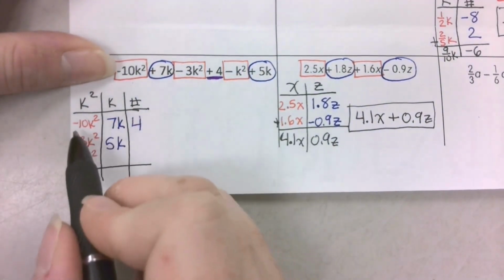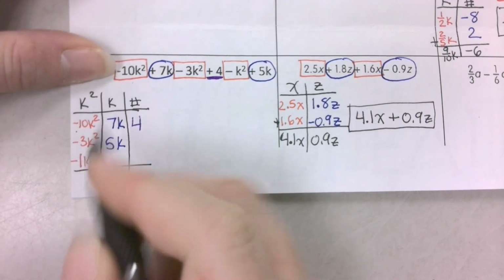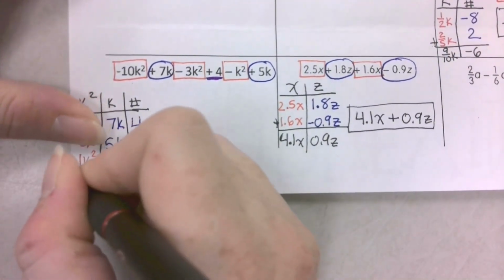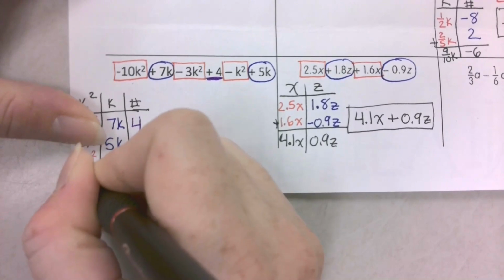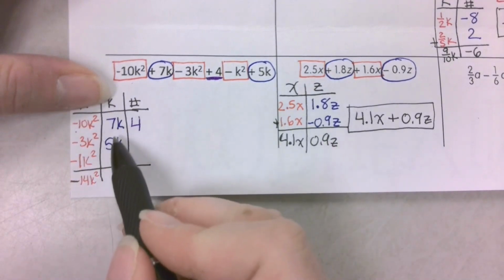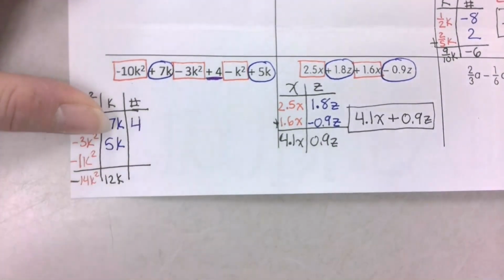When we add down, we have negative 10 plus negative 3 is negative 13. Negative 13 plus a negative 1 is negative 14. Negative 14k squared. The variable and the exponent just come along for the ride. Then I have 7k plus 5k gives us 12k.